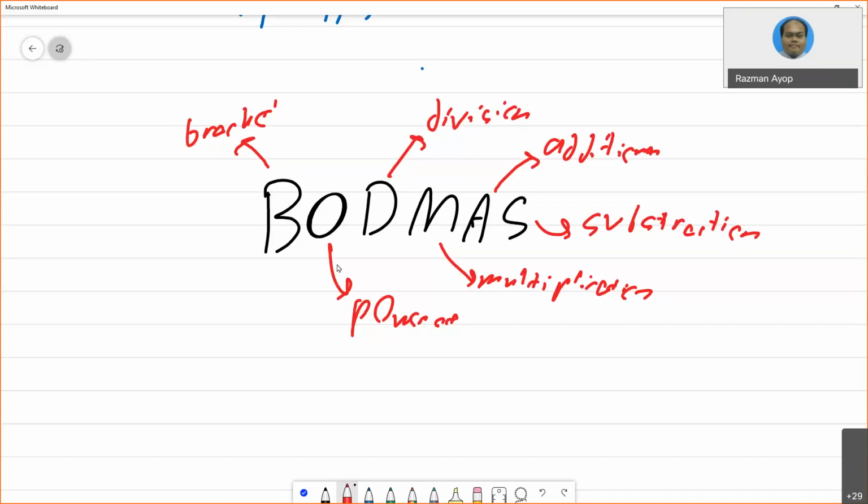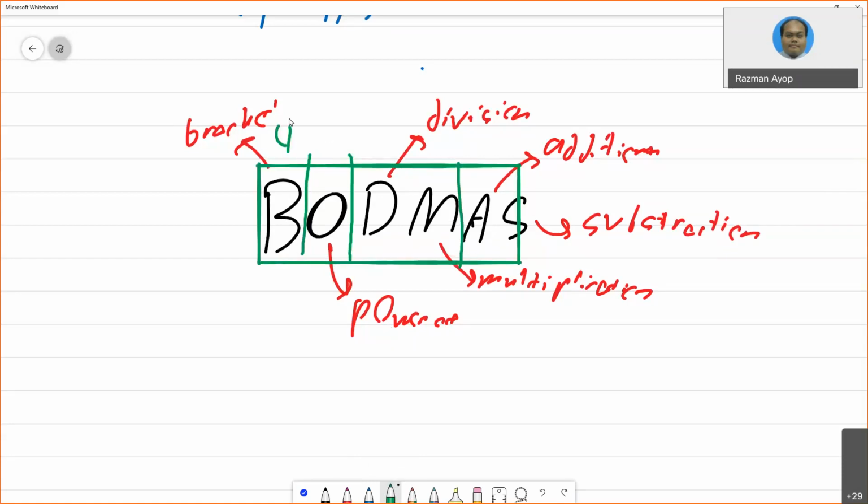When it comes to operation, you have to do it one by one according to the level. What it means by level is: you have to do the bracket first, and then the power of, then the division and multiplication, and then the addition and subtraction.